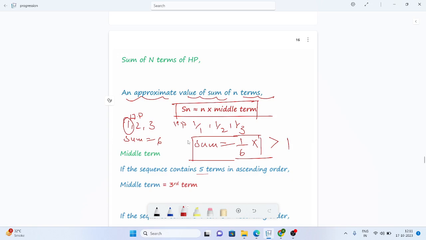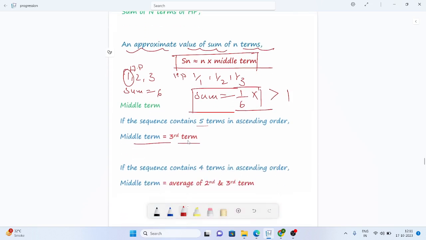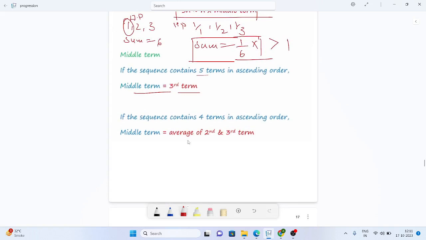Like, what is the middle term? If a sequence contains 5 terms in ascending order, the middle term is the third term. And if the sequence contains 4 terms in ascending order, then the middle term is the average of the second and third term. We'll see this in more detail in statistics, but here you just have to remember this. So I take one example: if I have to find the middle term of 1, 2, 3, 4, 5, how do I find it?